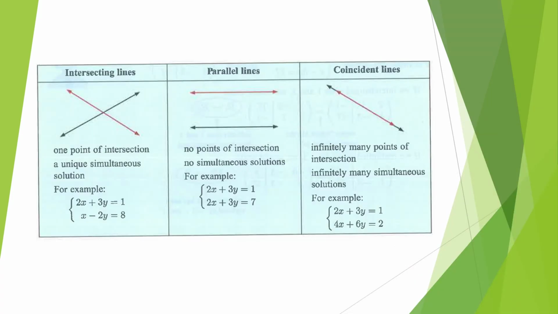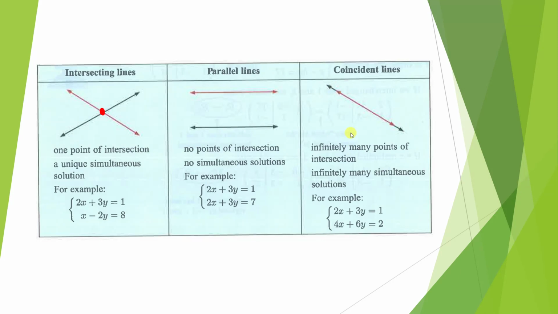Intersecting lines means that we have only one solution. This is the intersection of lines. Parallel lines have no solution because they don't have a cross point. And coincident lines are redundant to each other, so we have infinitely many solutions.